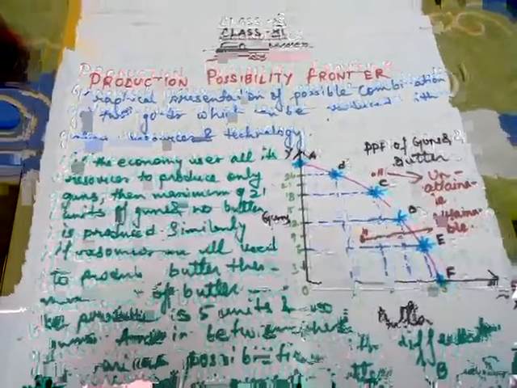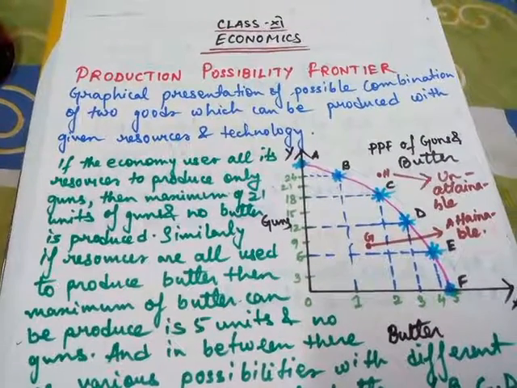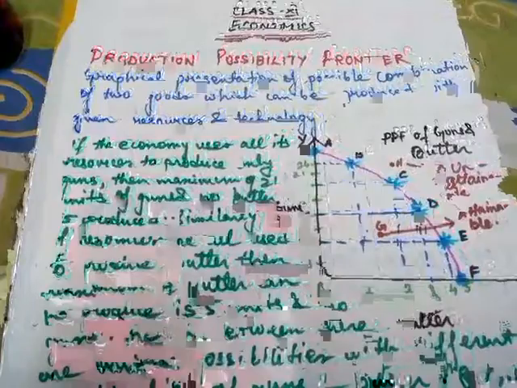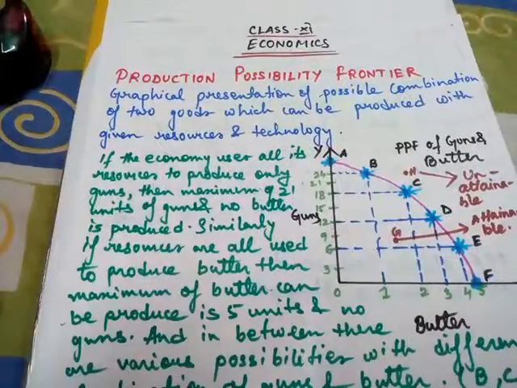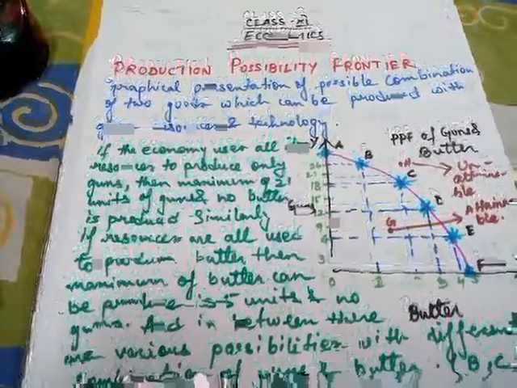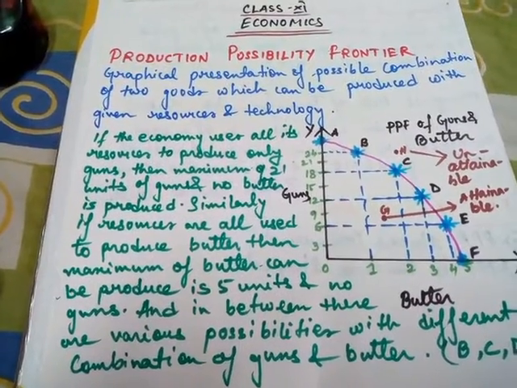This is your first diagram or curve through which whatever you have done till now in a theoretical manner, the sacrifice of one good and the gaining of another good, all this you now have to interpret with the help of a diagram, or draw in a graphical representation.